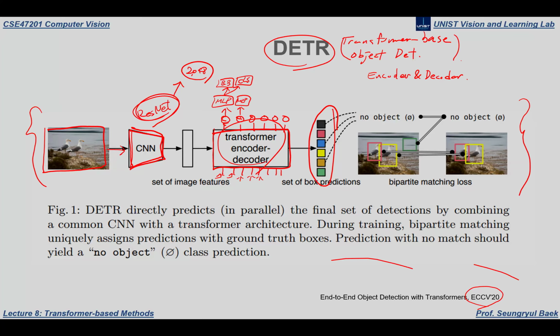So each token here is mapped to one bounding box and class probability estimation. By doing that, this DETR can estimate this type of output.